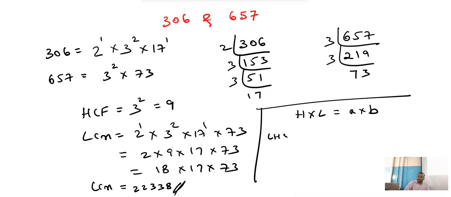First, you should write LHS is equal to H into L. H is 9 into L is 22338. Can you tell me the answer for this? What's the answer? 9 8s are 72. 9 3s are 27 plus 7.